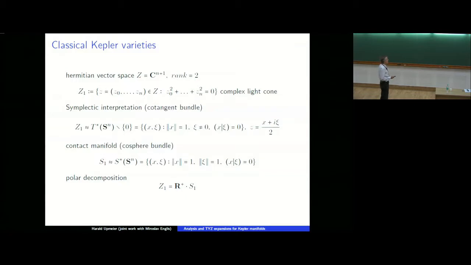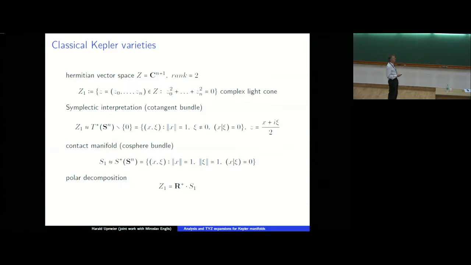Well, this is the cone over a contact manifold, the cosphere bundle. And this I call S sub 1. This symbol I will use repeatedly. The sub 1 is the same index as Z sub 1. So it's the cosphere bundle, the same setting as above, (x, xi), but both vectors now have norm 1 and are perpendicular.